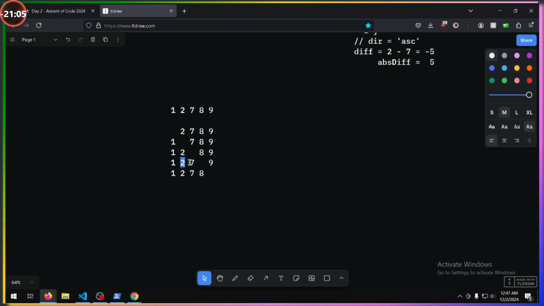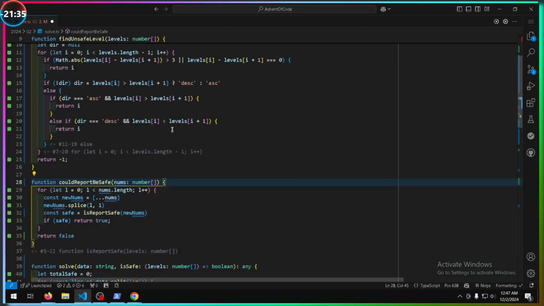Once you're 2 ahead of your unsafe level, just stop trying. These two bottom ones should not be attempted. We know doing that will not make it better. In addition, we don't know that going to 1 will make it better. For a longer one, we might be able to assume starting so early wouldn't be worth our time either. But that's the optimization I'm going for.